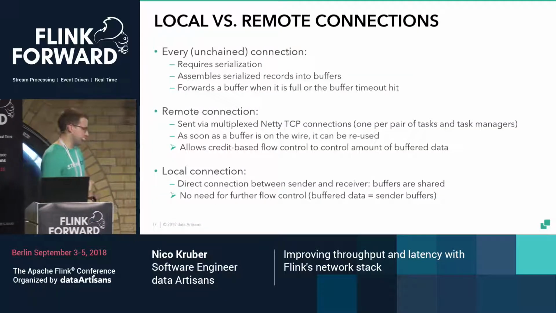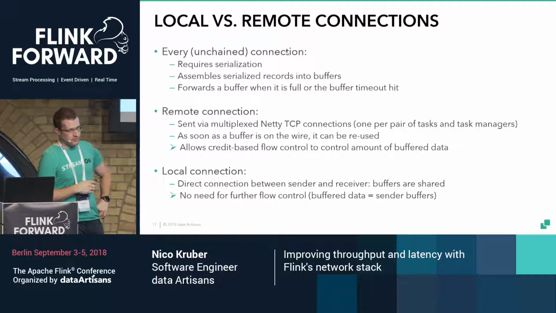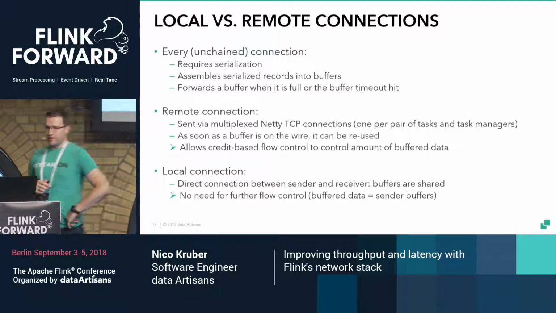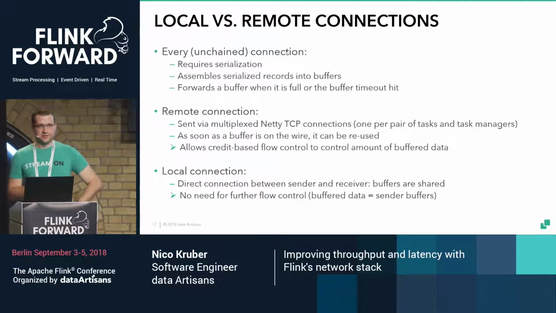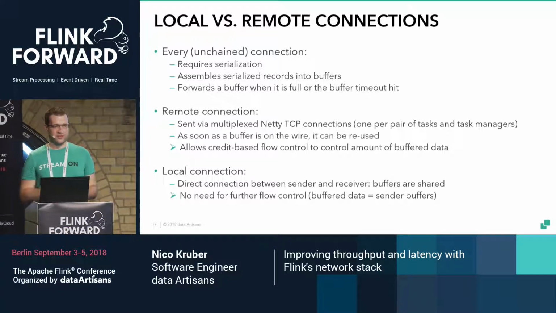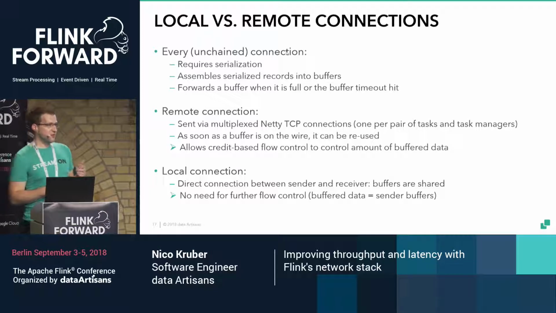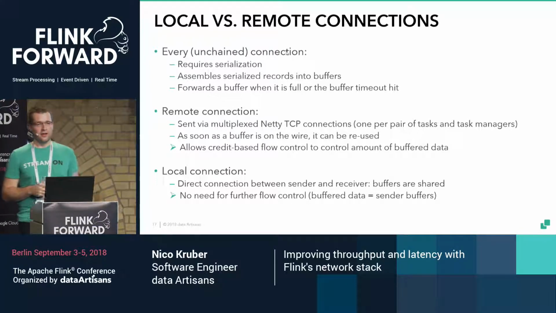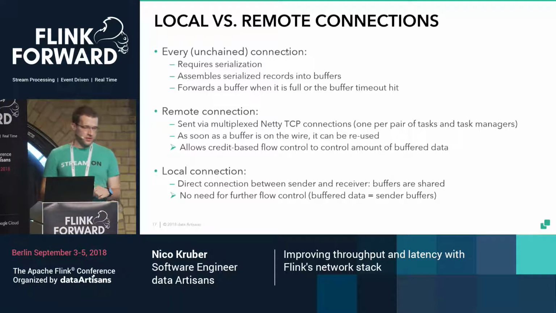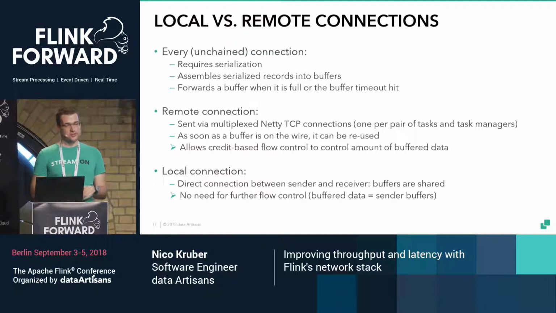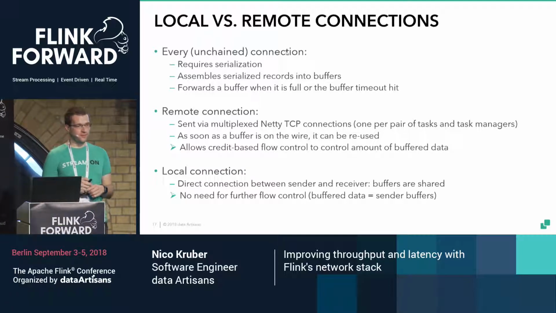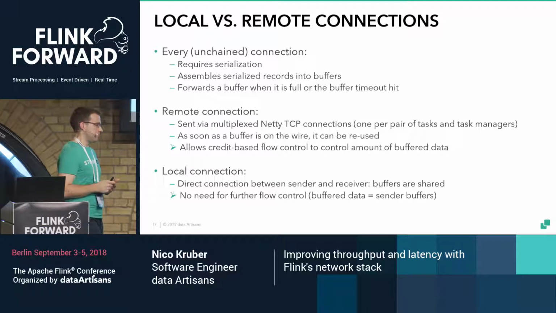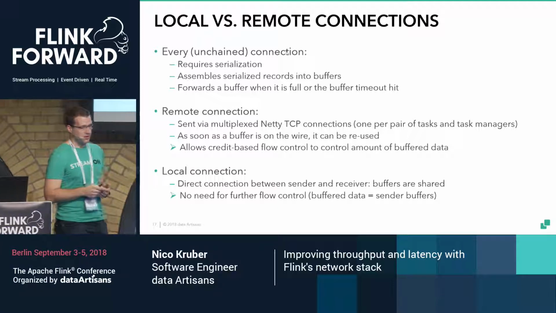Let's have a quick look at the different connection types. First of all, every unchained connection, because chained connections don't go through the network stack, requires serialization. So we always serialize a record into bytes, and then the next operator deserializes them. Secondly, we always assemble records into buffers. That is done for either remote connections or local connections. And what I showed before is true for all connections as well.